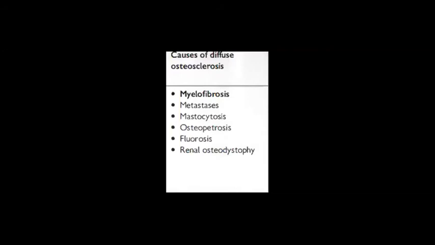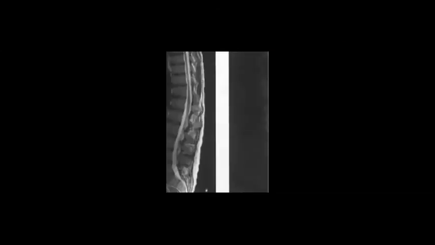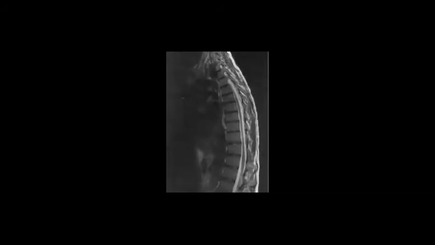I'm checking if there are any important notes to talk about for the MCQ. You know that sometimes you can see something called marrow reconversion, which is tricky to differentiate from bone marrow replacement. Sometimes there is decreased signal intensity, but it doesn't become less than the disc space, the disc.